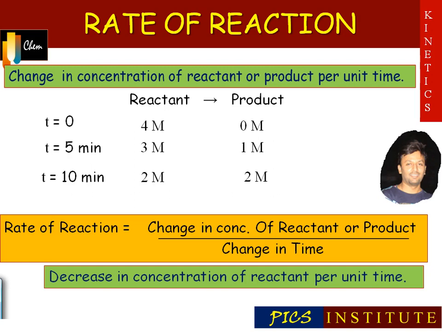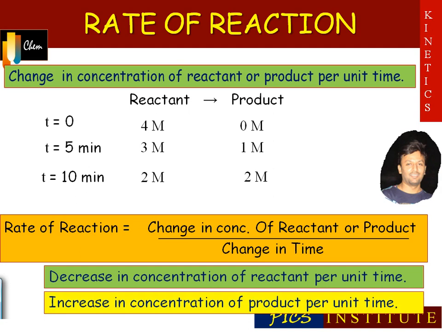Or in terms of product, the concentration of product increases with time, so increase in concentration of product per unit time. So we have the following 3 definitions of rate of reaction. Number 1, change in concentration of either reactant or product per unit time. Number 2, decrease in concentration of reactant per unit time. Or number 3, increase in concentration of product per unit time.